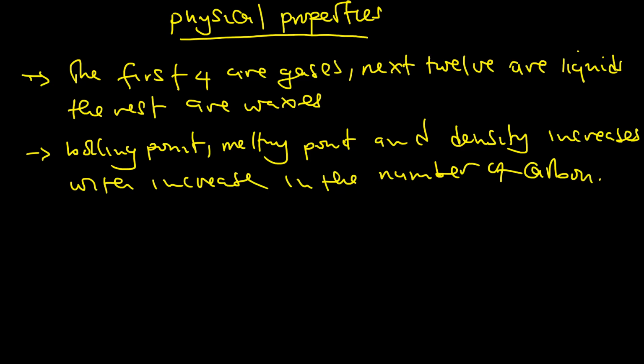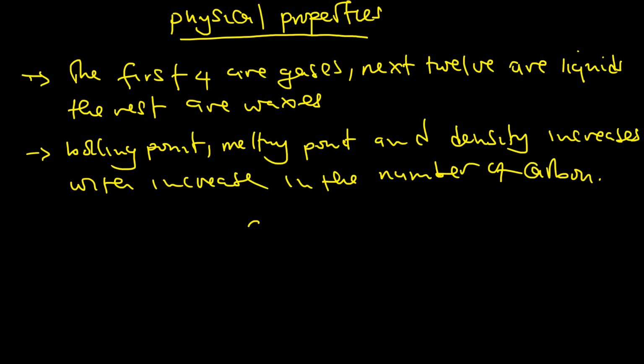So in other words, as the carbon chain increases, you expect the melting point, the boiling point, and the density to increase. Now, these properties are important. You find questions where the compounds are listed, and they ask you which one has the highest, let's say, boiling point. So you need to look at the one that has a lot of carbons. So take note of that. That is one of the questions that you find. Okay, so that is about the physical properties.